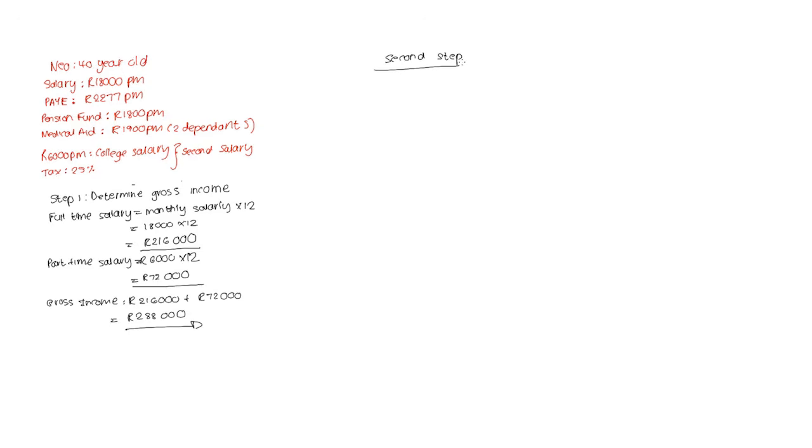In the problem, we were told that Neo's pension fund contributions are 1,800 Rand per month. Therefore, in order to find out what his pension fund contributions are for the year, we'll multiply that by 12.